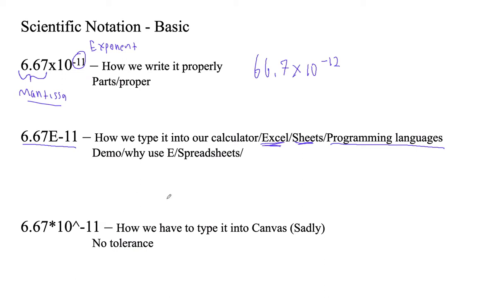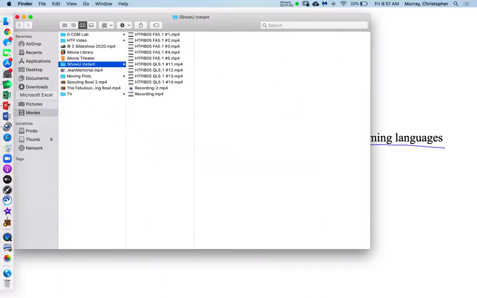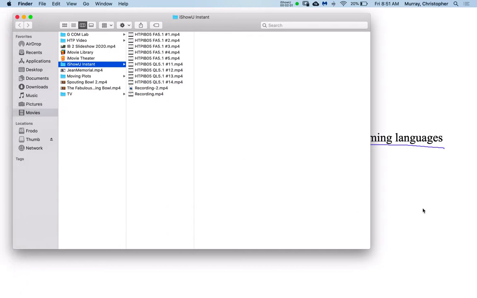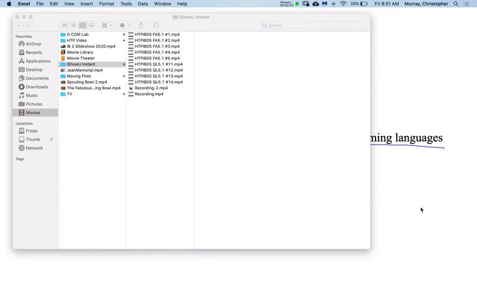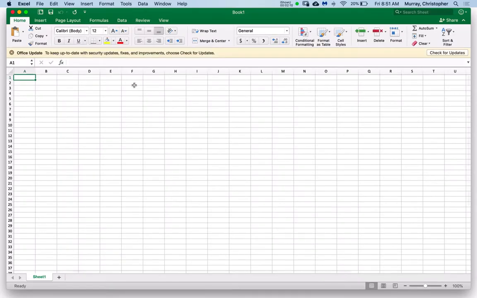But let's just for fun take a look at Excel here. Let's see what it does. You can see I can type 6.67E.